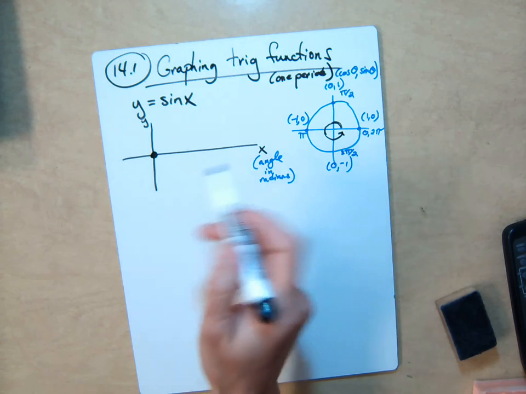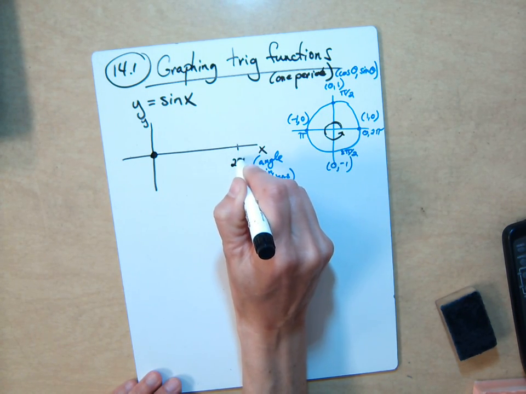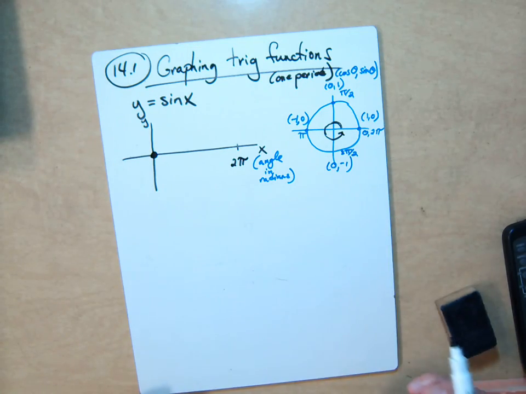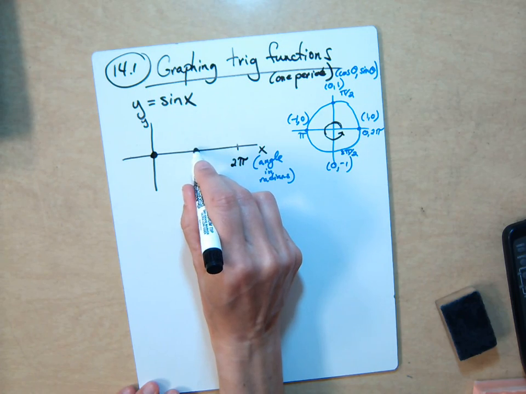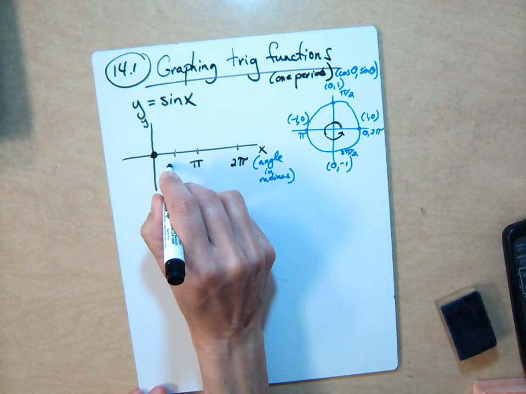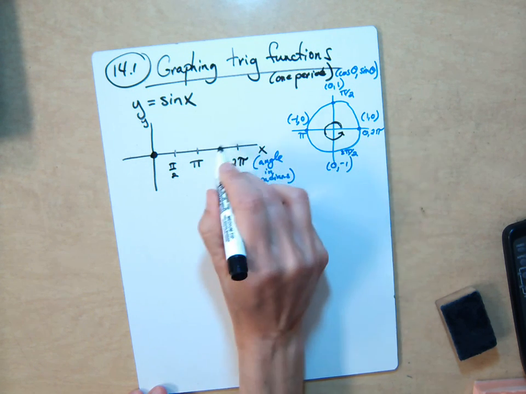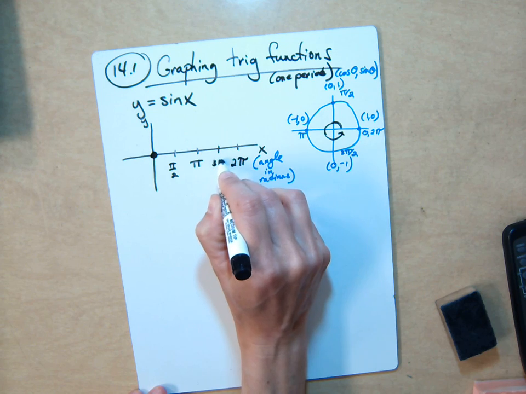So on the x-axis, we're going to go from 0 to 2 pi. Let's scale the x-axis. Going around the circle once, we're going to go from 0 to 2 pi, and then halfway is pi, and half of that is pi over 2, and half of this between 1 and 2 is 1.5, or 3 pi over 2.